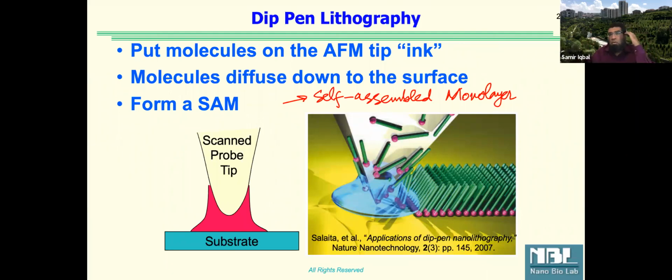In this cartoon, these are molecules which have green and pink subunits. The pink unit is hydrophobic, doesn't like water. So when you put it down and if there is water, the pink will try to stay away from the water. So the whole molecule will kind of align itself.